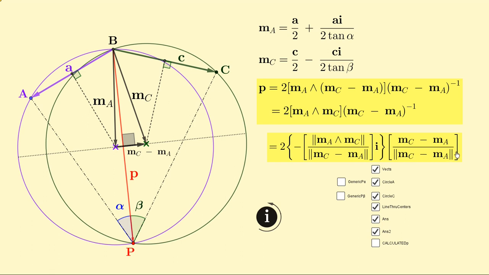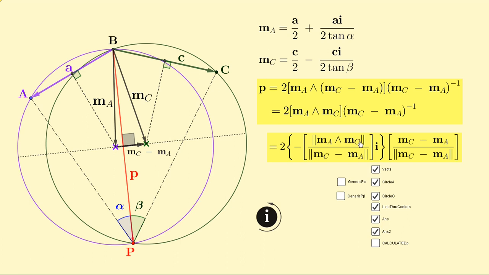But instead of putting the square of the norm here, I've distributed that square as the norm in this denominator times the norm of that same vector here. So what is MC minus MA divided by its norm? Well, it's the unit vector in the direction MC minus MA.